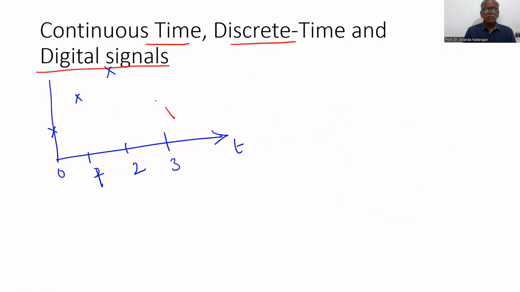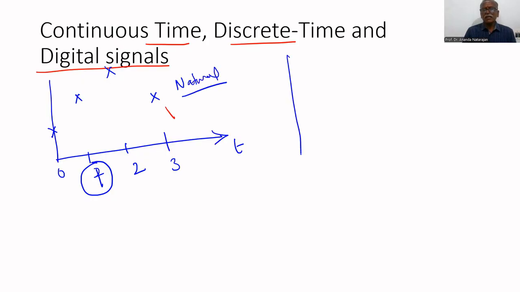Third month, I deposited some amount. These are available only at these instants, for example, on a particular day of the first month. On the other days, there is no deposit. This type of signal is called a discrete time signal. This is a natural discrete time signal.